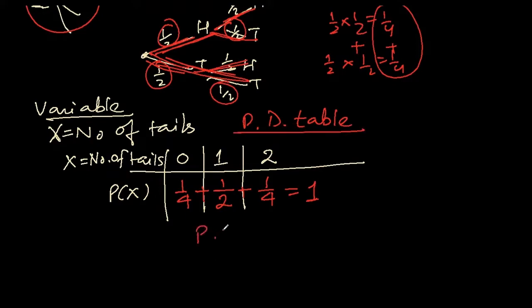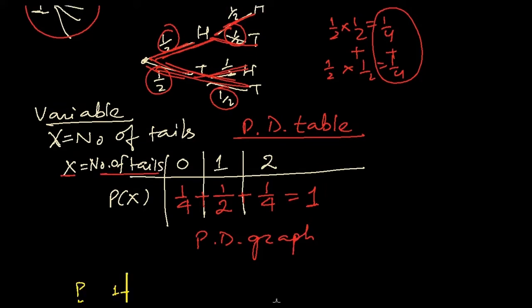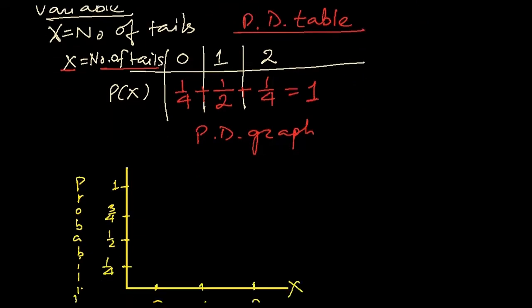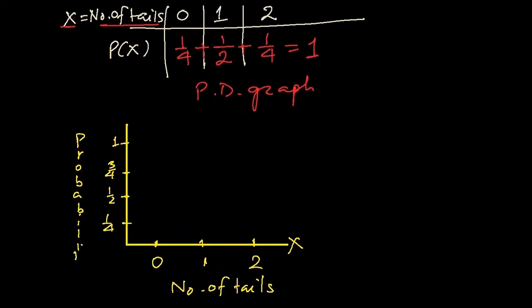Next is the probability distribution graph of the same event, and x is number of tails. So now I have a graph, where the x-axis, which is our variable, is number of tails, and this vertical one is the probability.